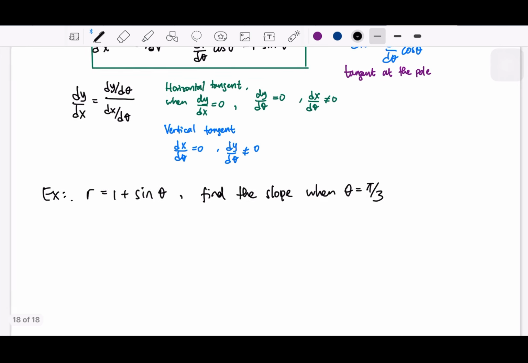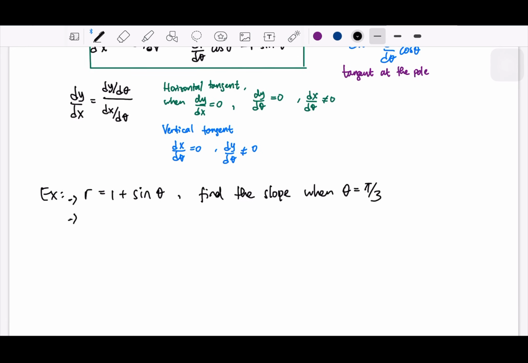And then find the points where the tangent line is horizontal or vertical.